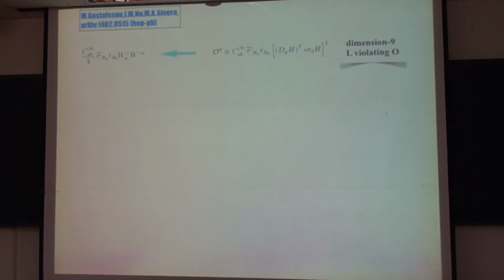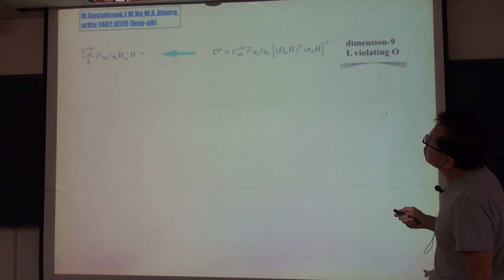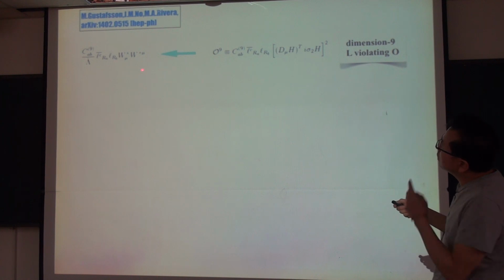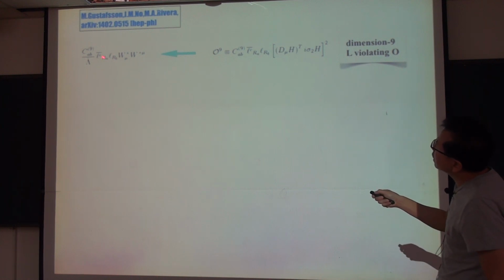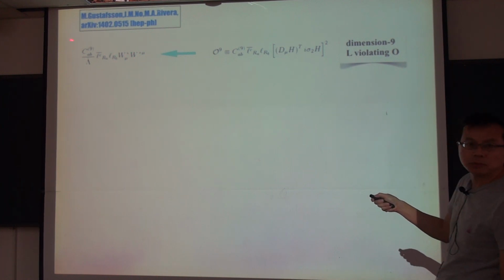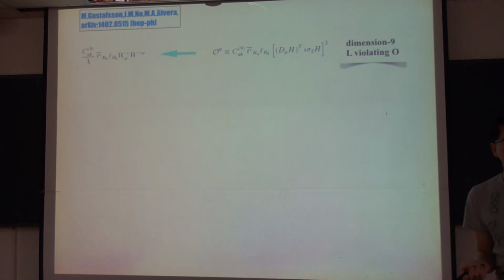I want to mention that our kind of theory has also been discussed using an effective operator approach. This effective operator is based on right-handed leptons coupled with two W's. This is a dimension 5 operator. The paper originally starts from a dimension 9 operator, which is a lepton-number-violating operator.